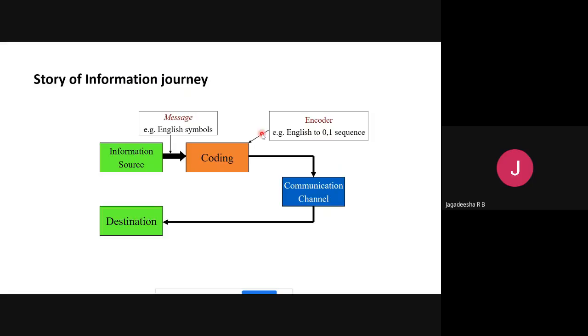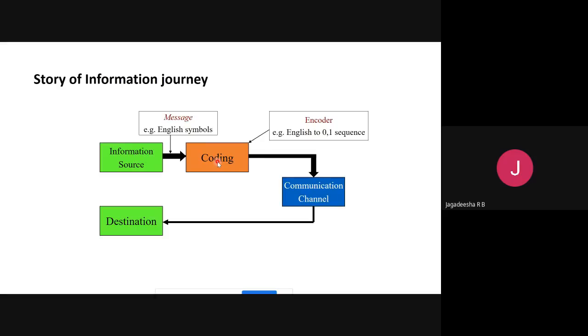Because we will be transmitting this information to a large distance through some communication channel, we need to convert this into digital format. So from the English sentences or voice, it has become 0 and 1 sequences. We convert this analog signal into digital, so it becomes zeros and ones. That is called coding here. It's a very general term, coding.